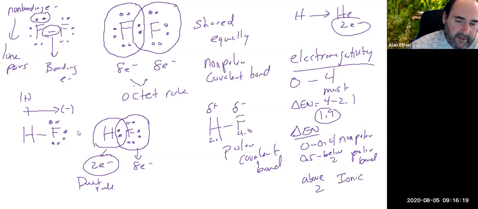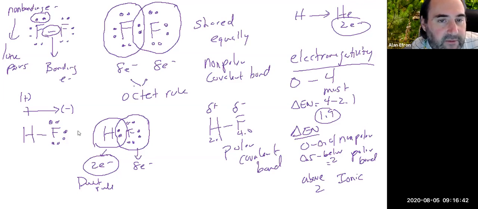So here at 1.9, that's pretty far up on the top end, but it's a polar bond. They're still hanging on and still being shared, but very unequally, with the fluorine side basically hogging it. So we can use Pauling's electronegativity values to help us understand if we're dealing with a polar bond or a nonpolar bond.